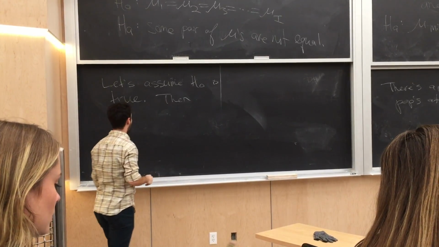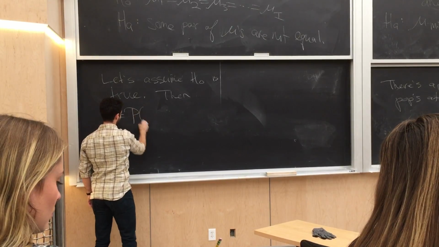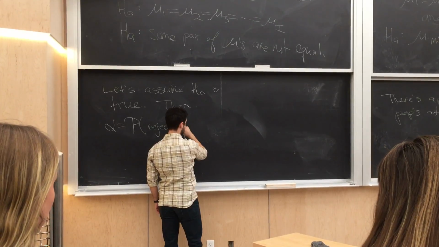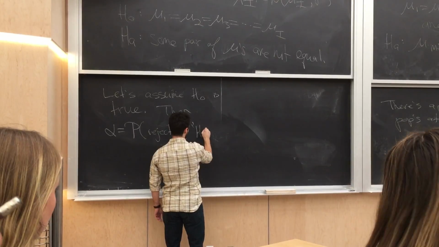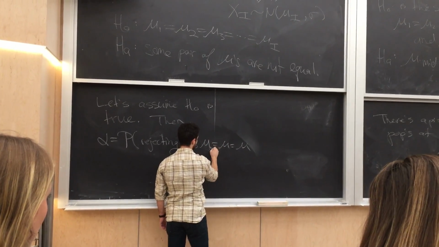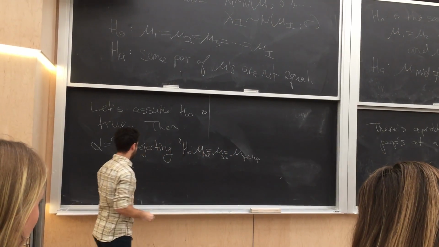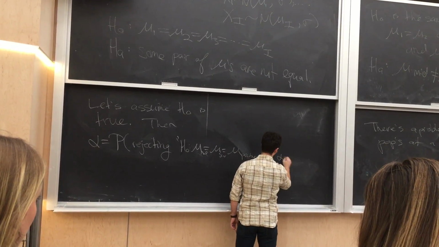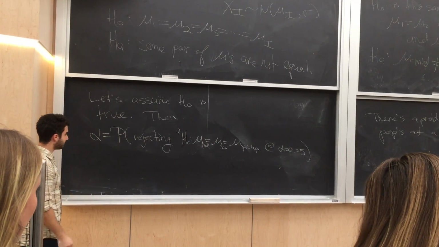Then alpha is equal to the probability of rejecting the null hypothesis, that is, the hypothesis that these things are all equal, at an alpha level of 0.05. Maybe it's the alpha level that we've cited before.